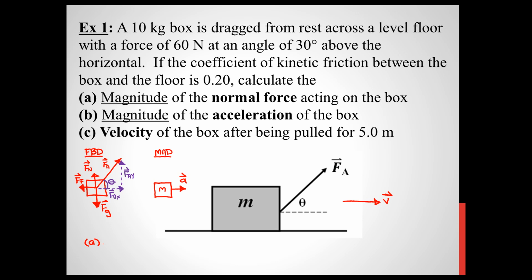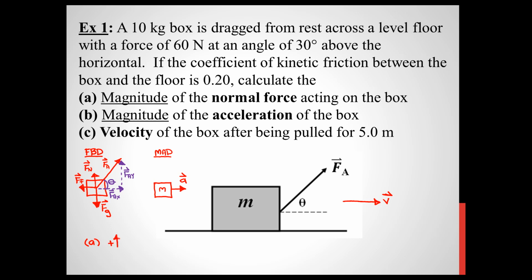This is the part where we would go to deriving equations of motion to mathematically model a situation. In terms of what equation of motion you would start with, well, look, the normal force is in the y direction. Therefore, I would want to start with the y direction equation of motion to get the normal force.